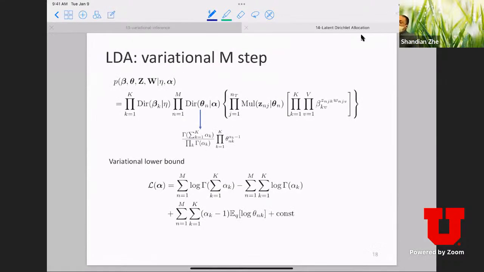And once you have finished updating your variational posterior of beta, theta, and z, you just plug your current Q of beta, theta, z into your variational evidence lower bound. And by calculating the evidence lower bound, you will get an objective function with respect to the hyperparameters, which include alpha and eta. Then you can just calculate the gradient and use any optimization package you want to optimize them, and just do this repeatedly.